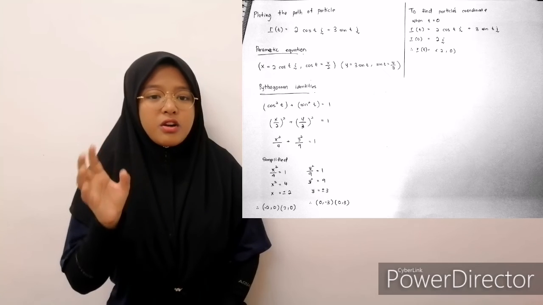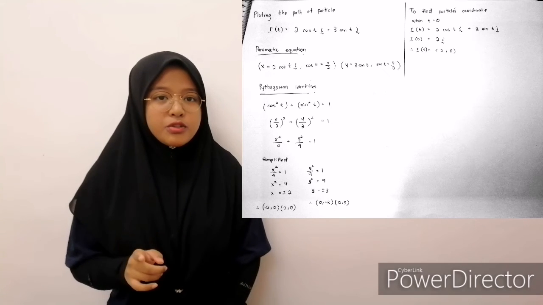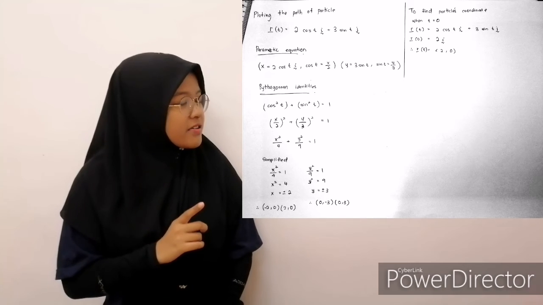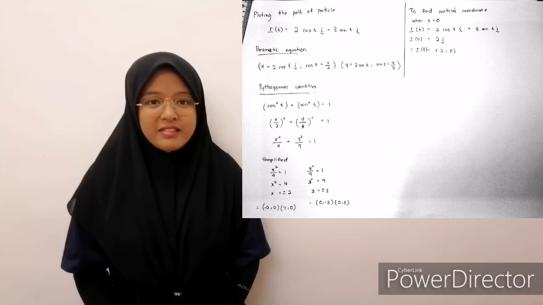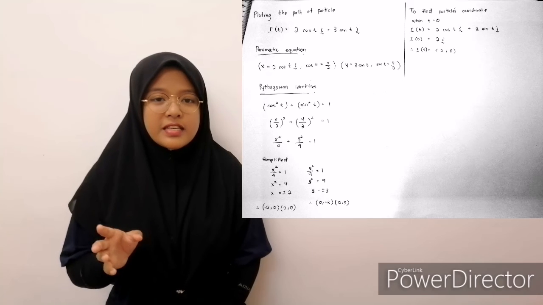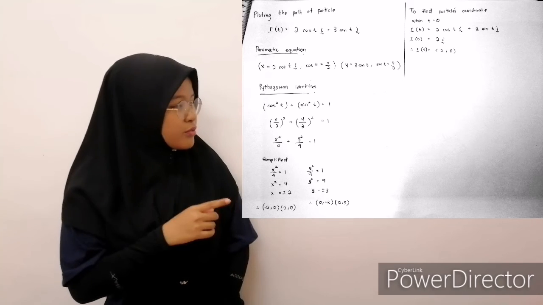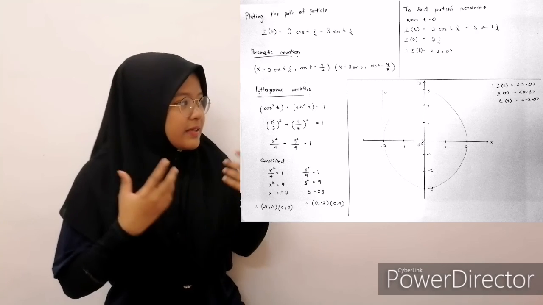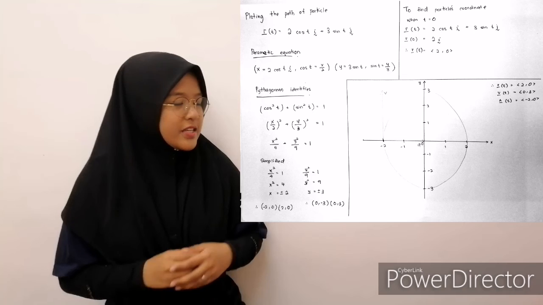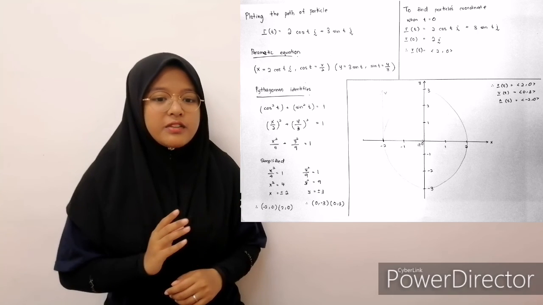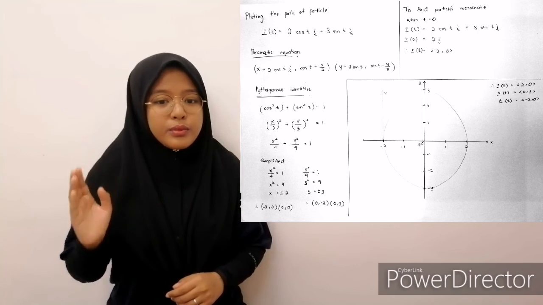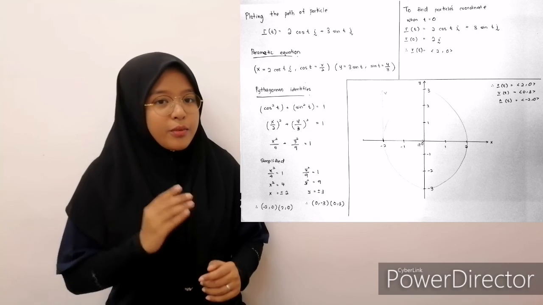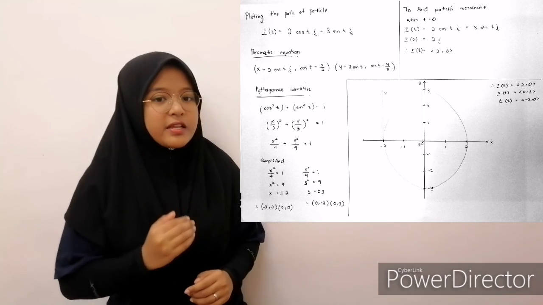To find the particle's coordinate for r(t) when t is equal to 0, we get r(0) equals 2i, so the coordinate is (2, 0). Now, as you can see, this is the graph that we did. The x-axis is from negative 2 to 2, and the y-axis is from negative 3 to 3.